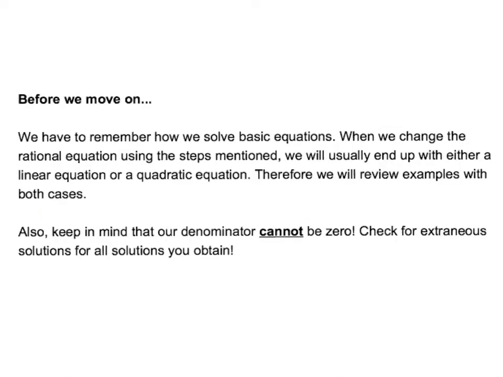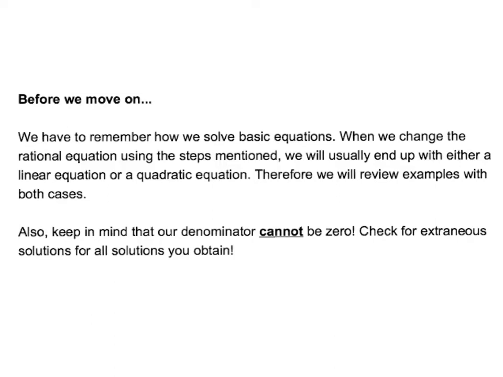Before we move on, there are a couple things that we want to keep in mind. Like I said, we're going to be manipulating our equations by multiplying both sides by the same thing, and that thing is going to be the combination of all our denominators. So in the end, we're actually going to be solving basic equations that we've looked at before, and they're usually going to be either linear equations or quadratic equations.